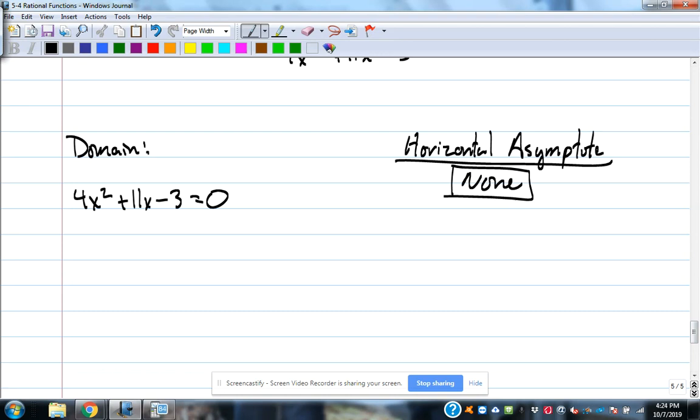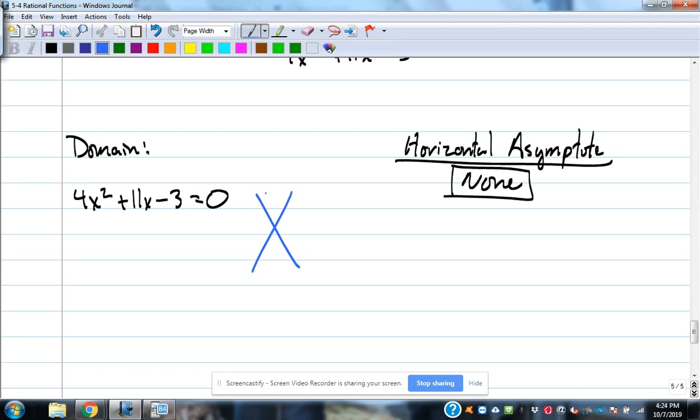If the only thing that the problem asked you to do was find the domain, then you really don't have to do it by factoring, because you're not doing anything else after that. But for us on these examples, we're doing everything that you can on them. But if you were only asked to find the domain, you could solve that with quadratic formula if you wanted to and get the domain. But since we're doing some other stuff, we need to do it by factoring, because that's the best way to be able to do the other stuff.